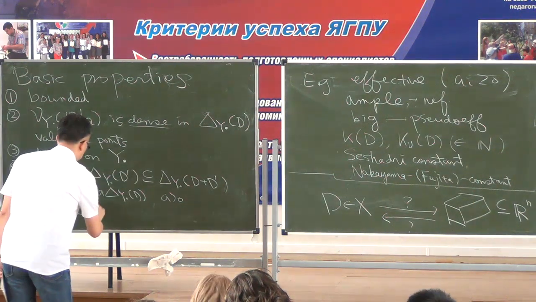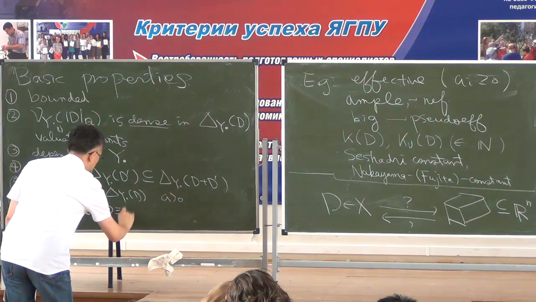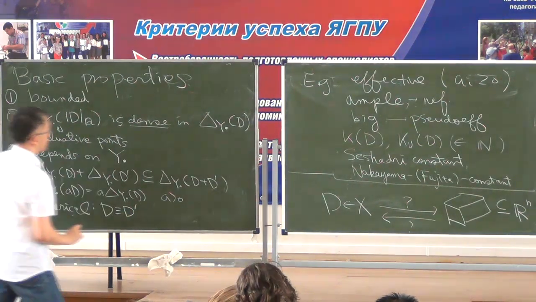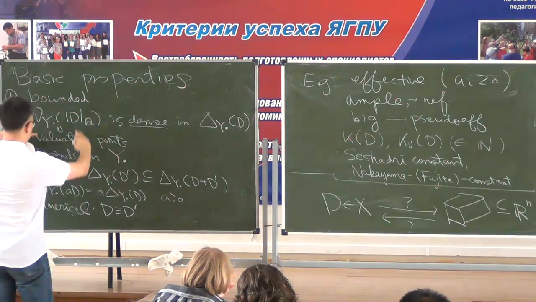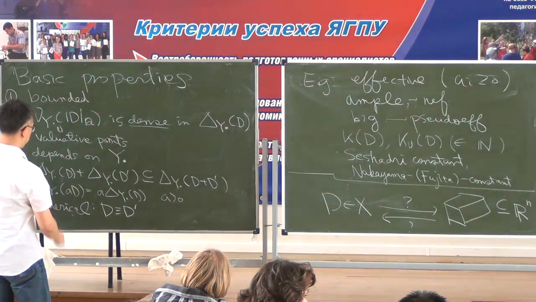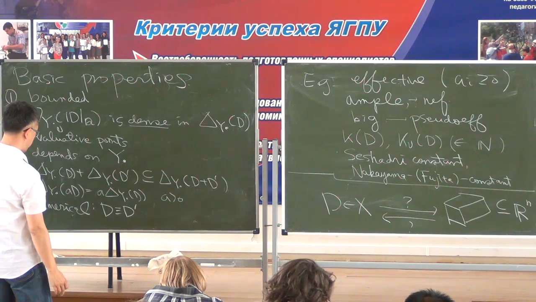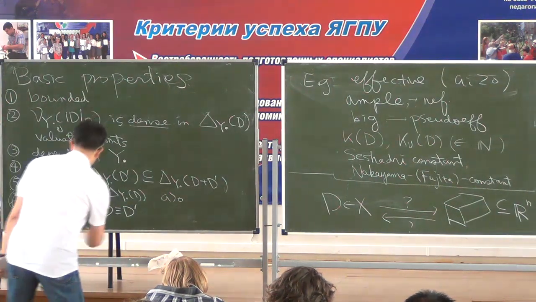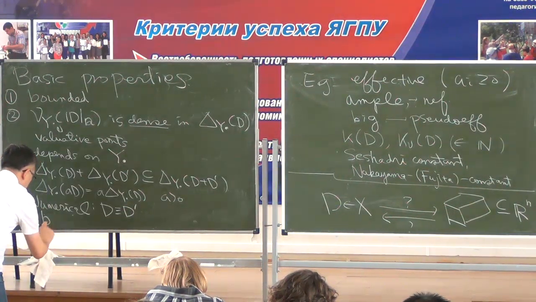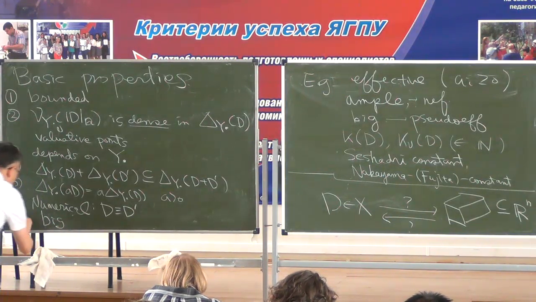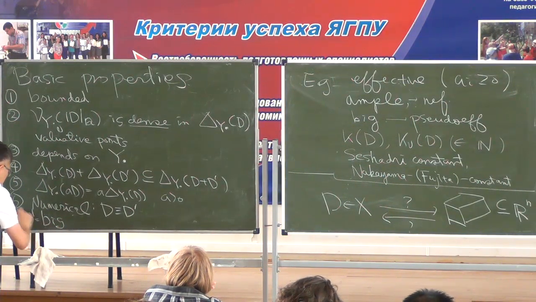So this means if D and D prime, at some point I need to assume, so let's assume big. So D and D prime are big divisors.